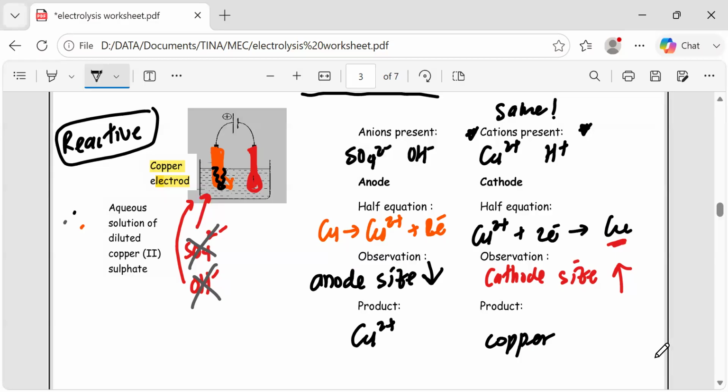This one's overall for this. This one no overall. Okay, can you understand this? So one becomes bigger, one becomes smaller.